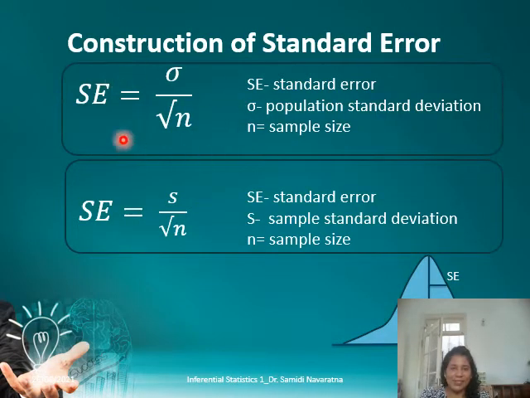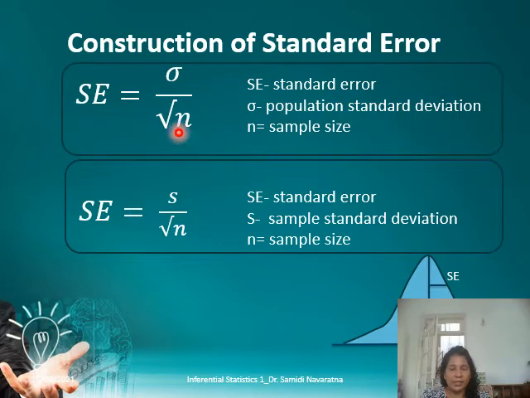So this slide gives you the formulae used to construct standard error. So just to recap, you know what standard error is. It's the standard deviation of the sampling distribution, and it indicates how different the population mean is likely to be from a sample mean.